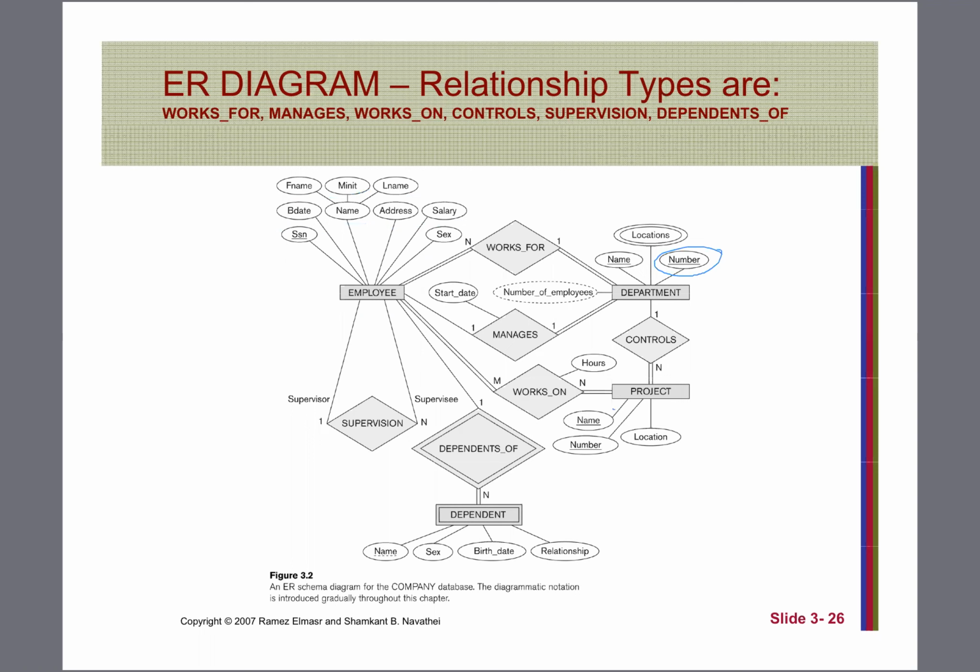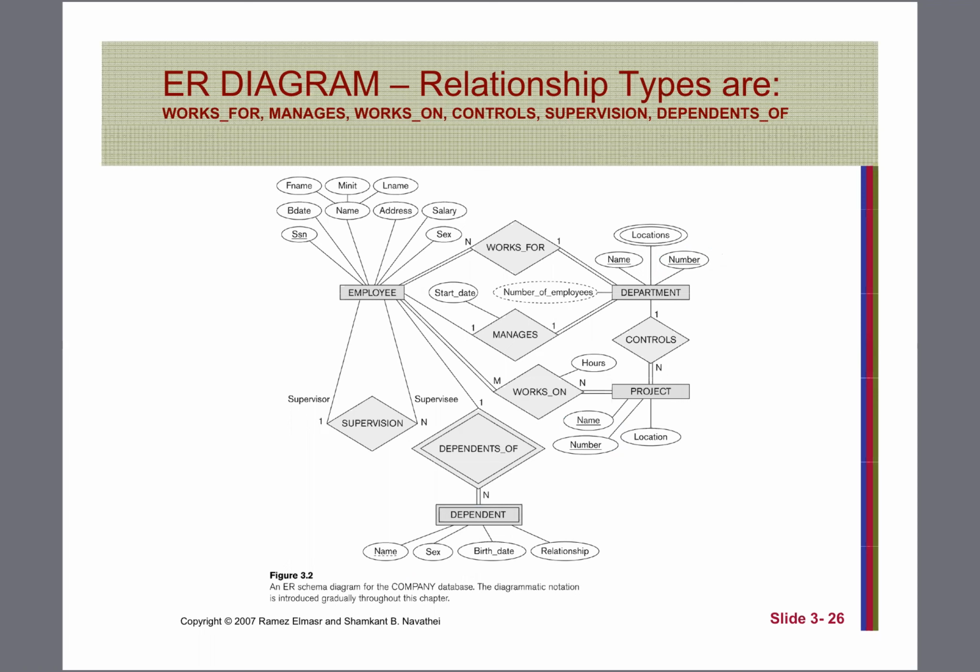Now these two are primary keys in this particular table. If you look at the dependent table, none of the attributes qualifies to become a primary key or key attribute. In that case, dependent is a weak entity. That is why it is drawn as a double rectangular box.